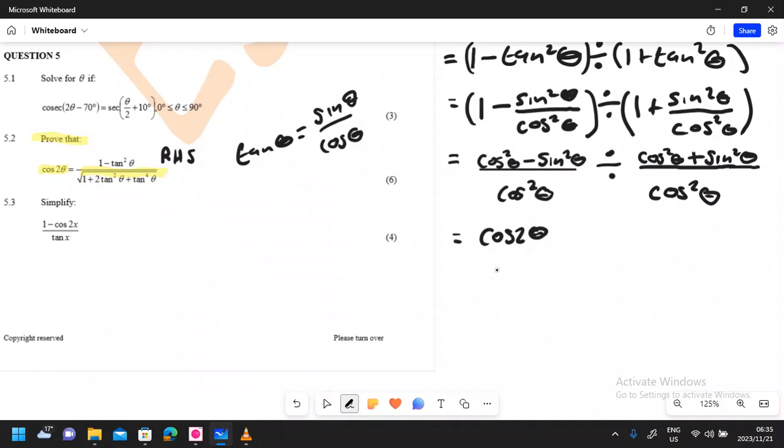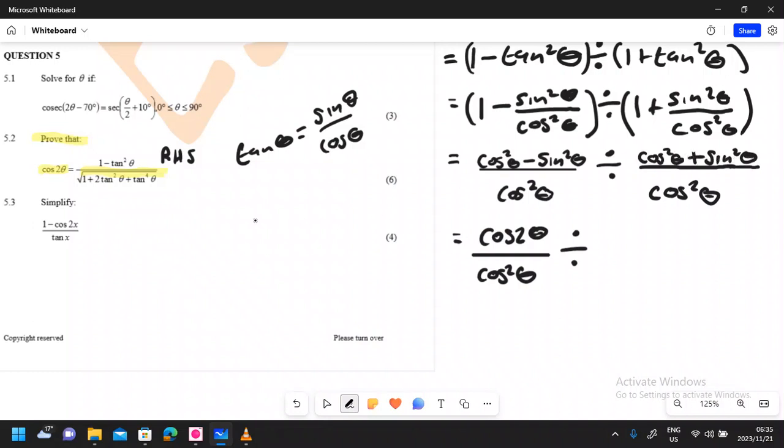Okay. So we divide this by what? Cos squared theta. Alright, here we're also going to do the same thing. Now this one is a square identity: cos squared theta plus sine squared theta.